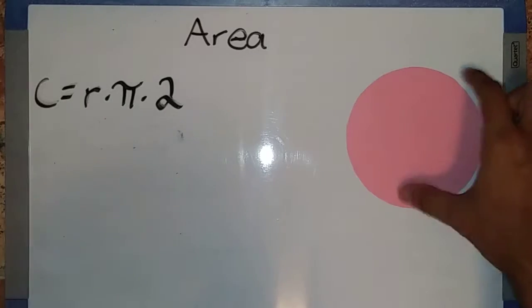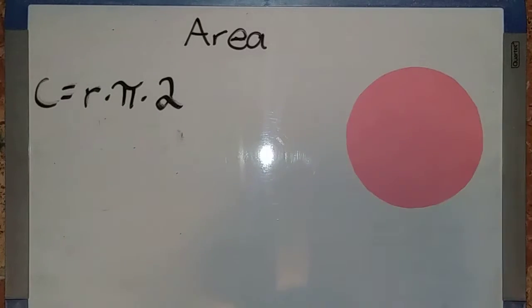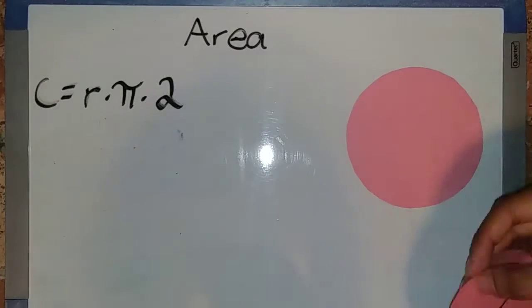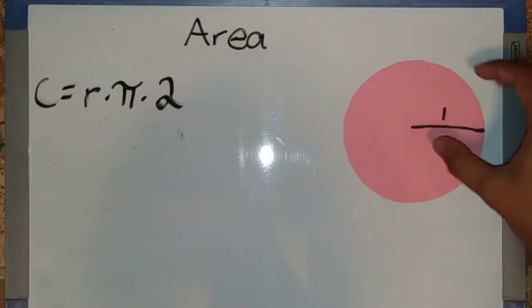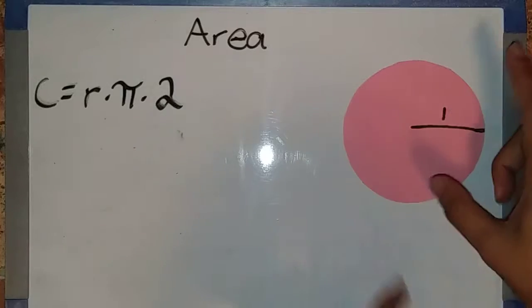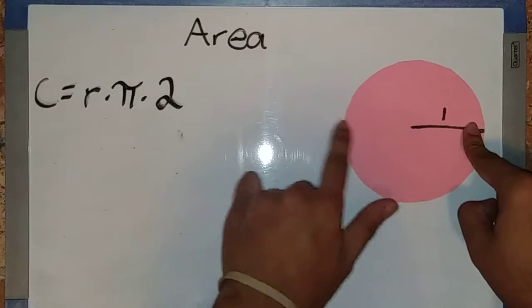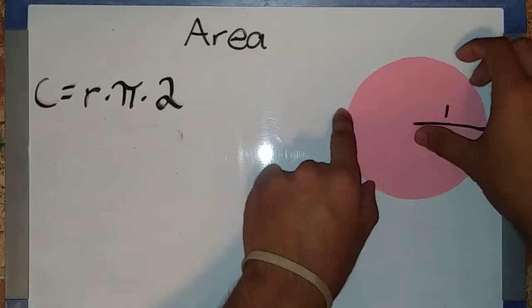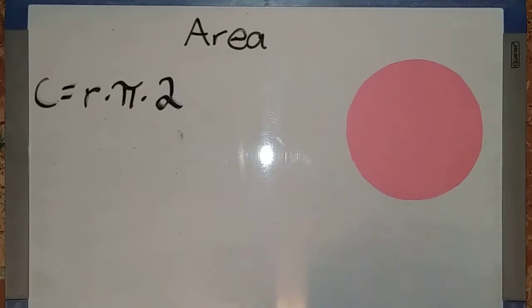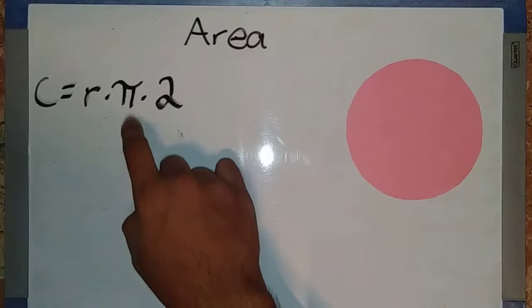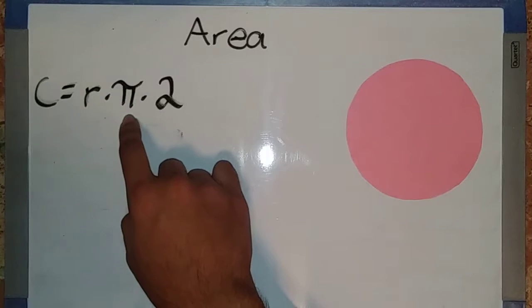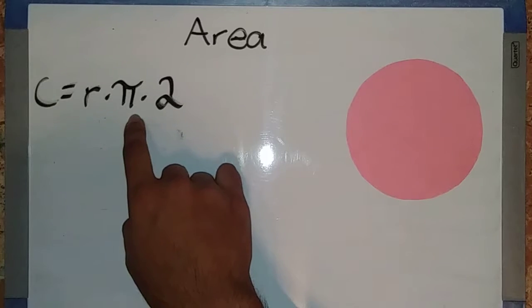Now, the radius of a circle is a line that goes from the middle of a circle to one side, while the diameter is that same line multiplied by 2, going from side to side on the circle. The way that this formula works is that pi is already a set variable that we have with circles.